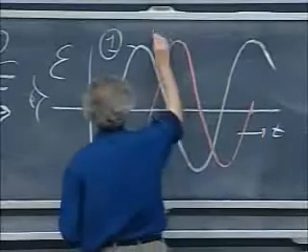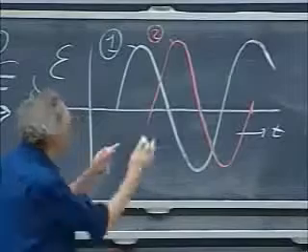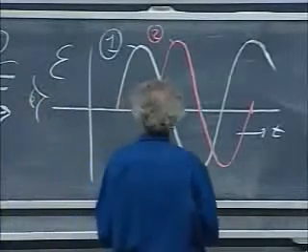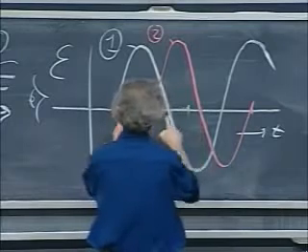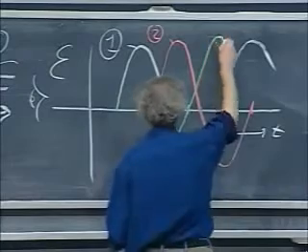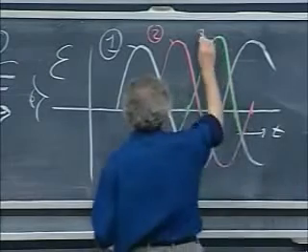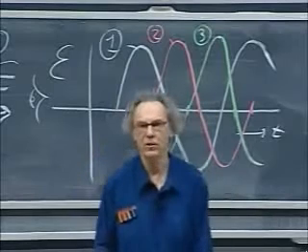So this is loop number 2. Comes a little later in time. And number 3 will again be offset. Will look like this. Number 3. And what we call this a 3-phase current.